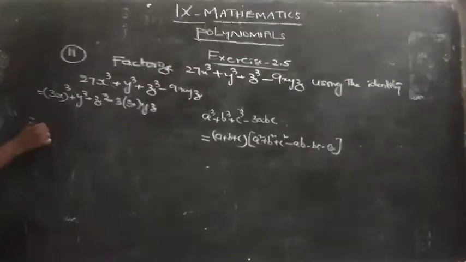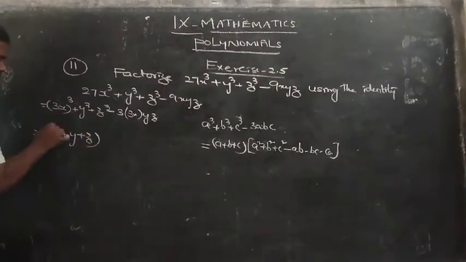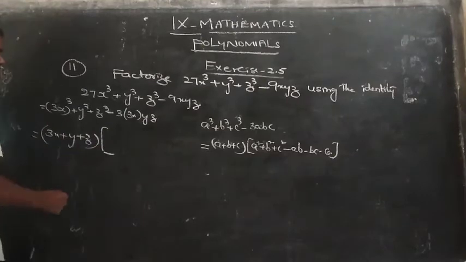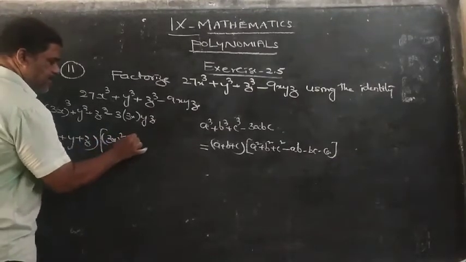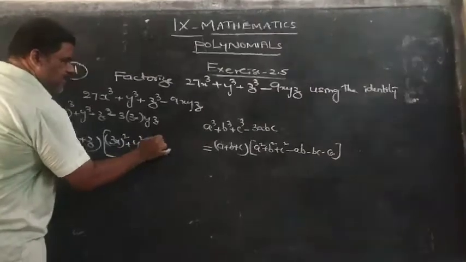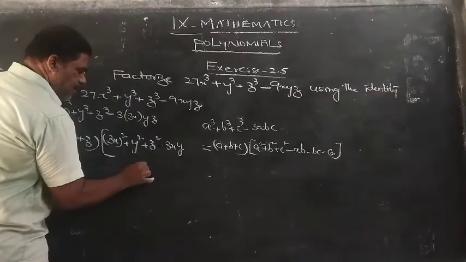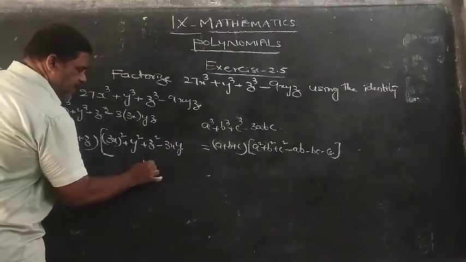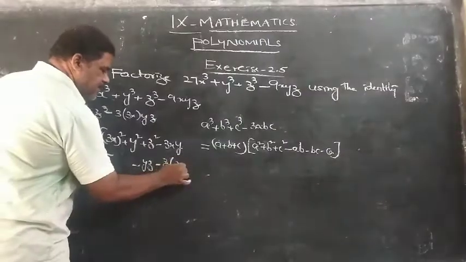Let us substitute in that. a plus b plus c into a square, 3x whole square, plus b square plus c square, minus ab, 3x into y, minus bc, y into z, minus ca, z into 3x.